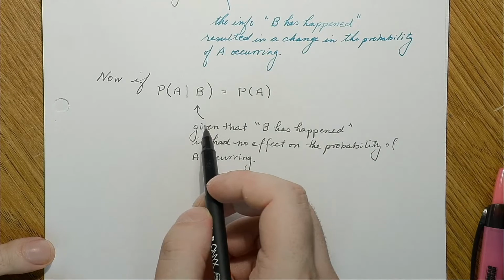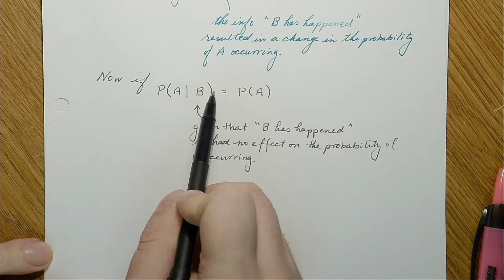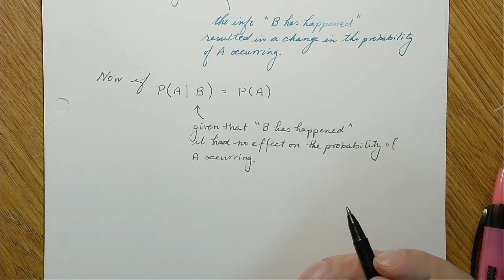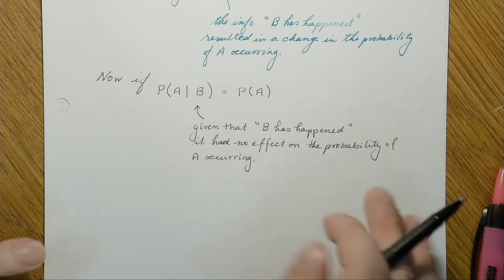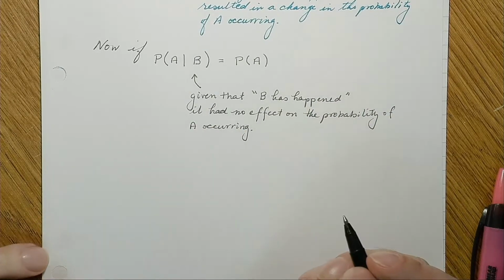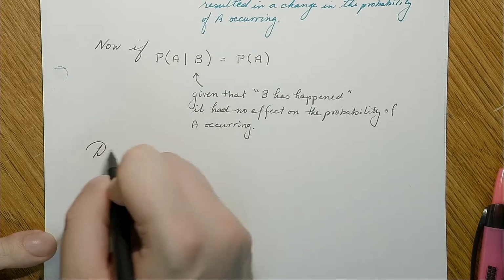Now, when we say that, we start to talk about the fact that A and B are independent. That A doesn't affect B, and B doesn't affect A. So this is our definition.